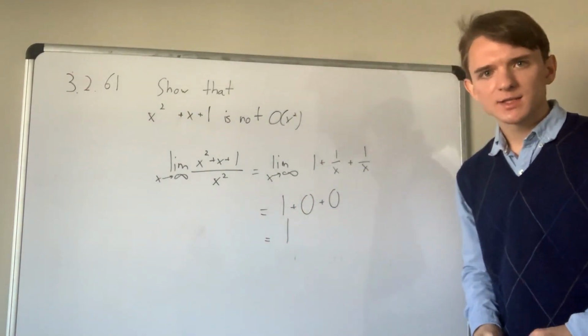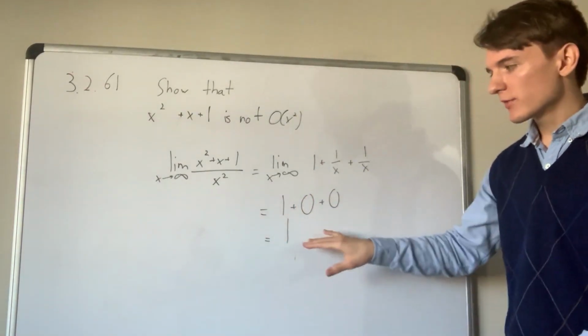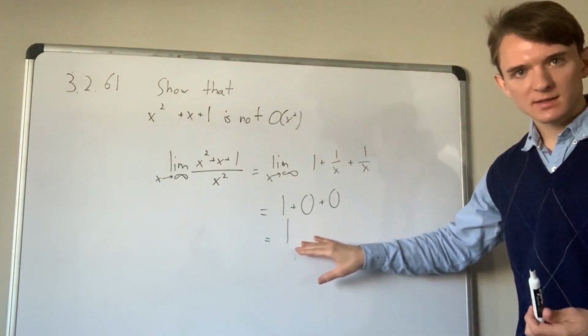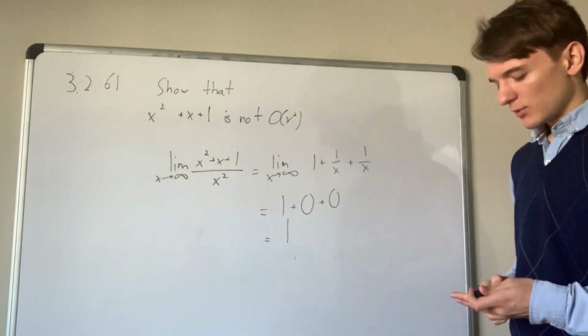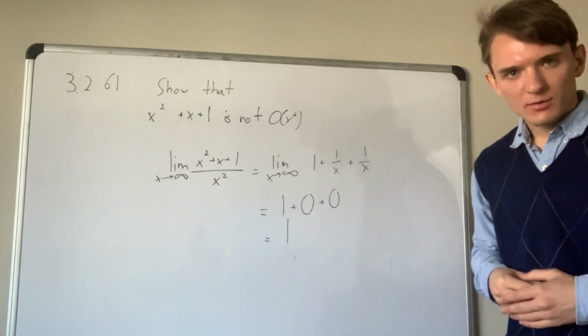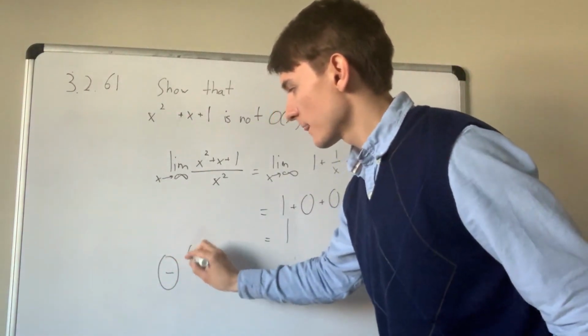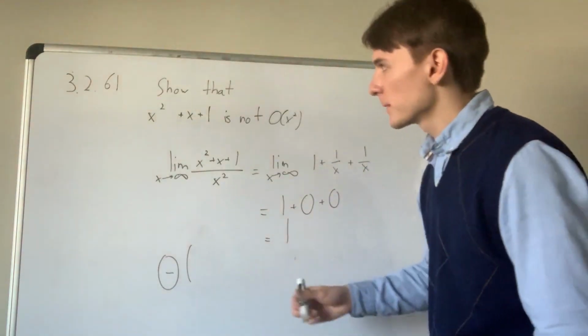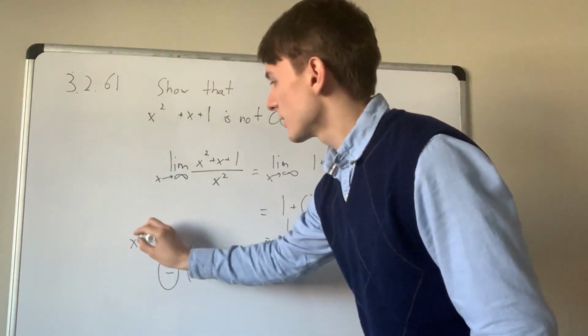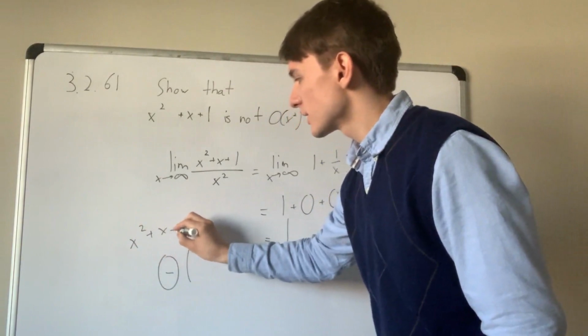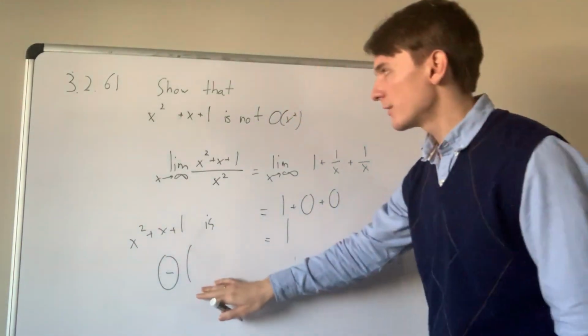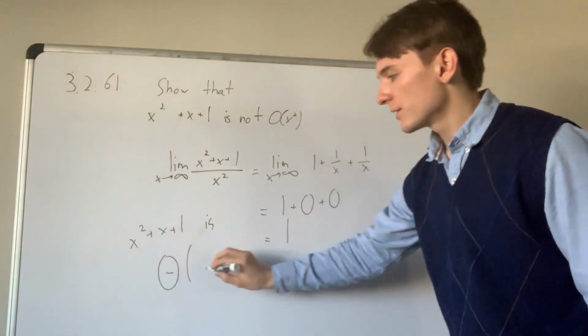So we're not getting 0 as output, because we've gotten a constant value out, like 1. We do not say we're big O. Instead, we say theta, or big theta. So x squared plus x plus 1 is big theta of x squared.